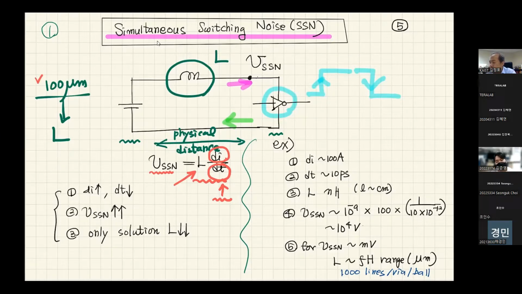So the only way we can overcome this is that the number of interconnections should be more than 1,000. Then the average inductance will be divided by 1,000. That's why the number of interconnections in semiconductors, on-chip level or off-chip level, is becoming extremely high. One reason is that we want to increase the bandwidth of interconnection.